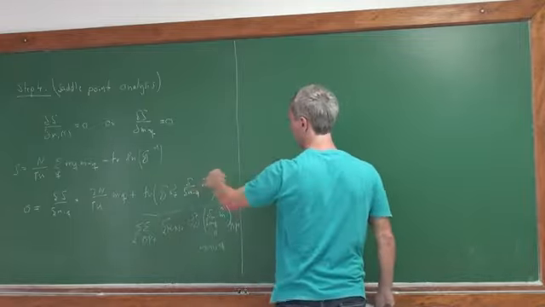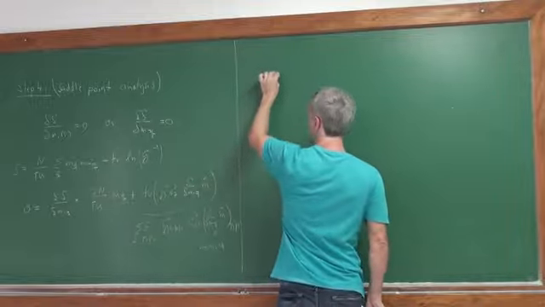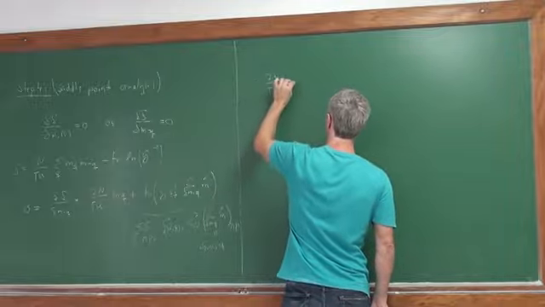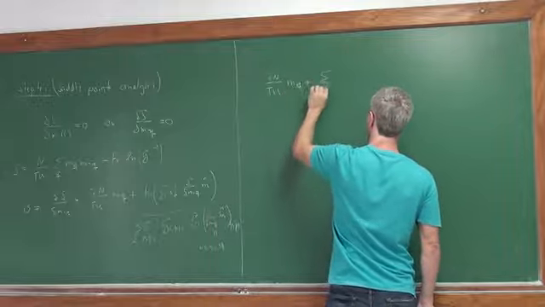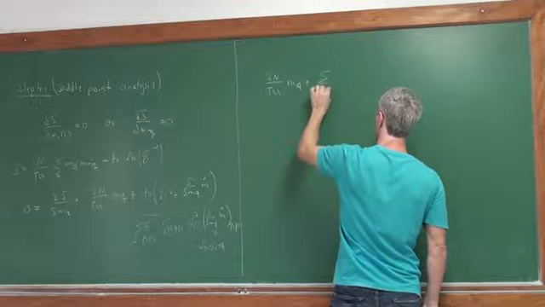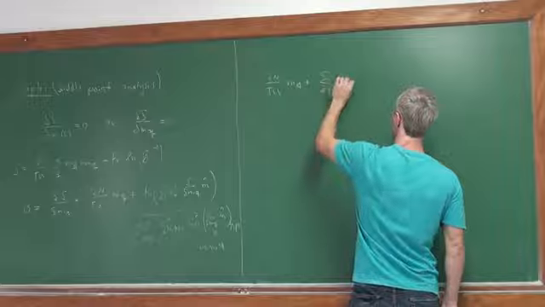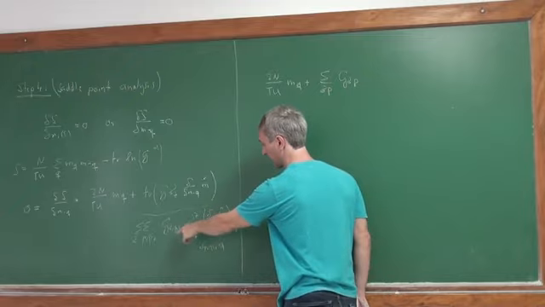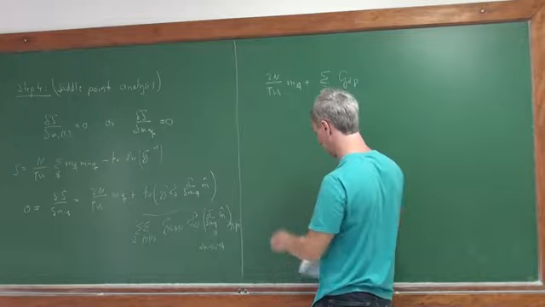So if we use this, then we get 2n T over U and Q plus sigma, and then let's call it P1 P, and then we have G sigma P. This is actually diagonal.